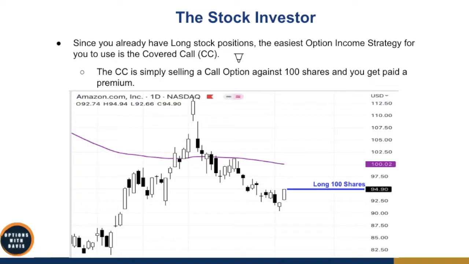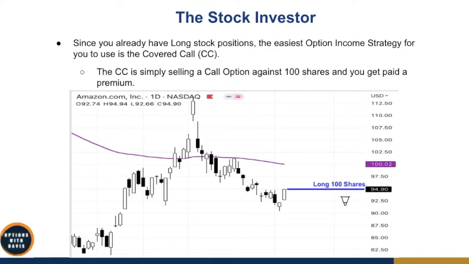If you have 100 shares or more, then you can sell a covered call, because each option controls 100 shares. The covered call is a very simple and straightforward strategy: you simply sell a call option against the 100 shares that you have, and you get paid a premium.